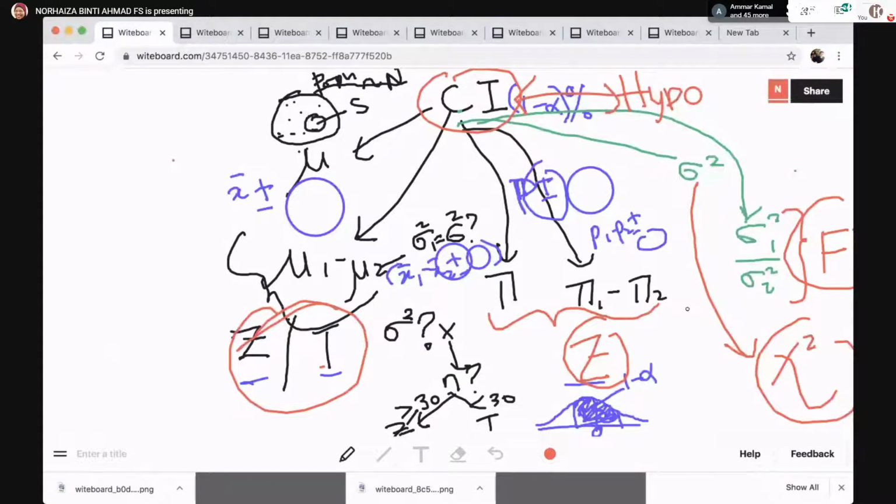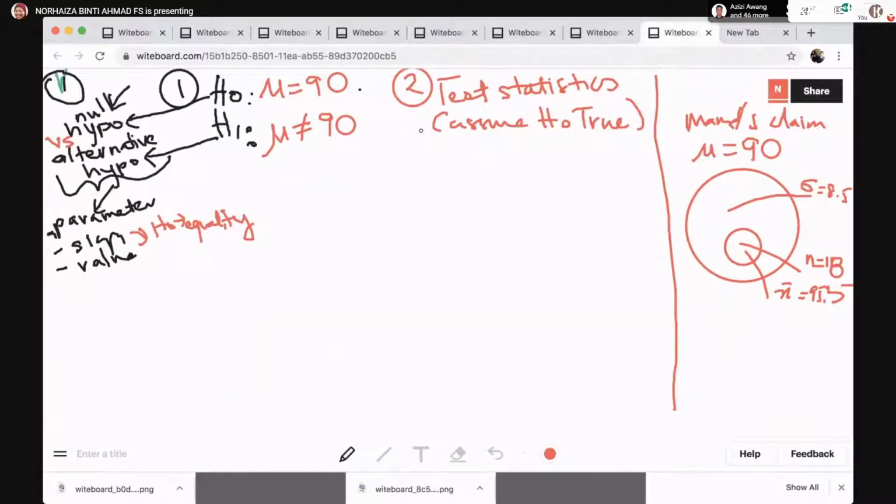You will use the same principle in order to know whether you're going to use a Z test statistic or a T statistic. Okay, so let's look at our question here. Now, from this information from your sample, which distribution are you going to use?